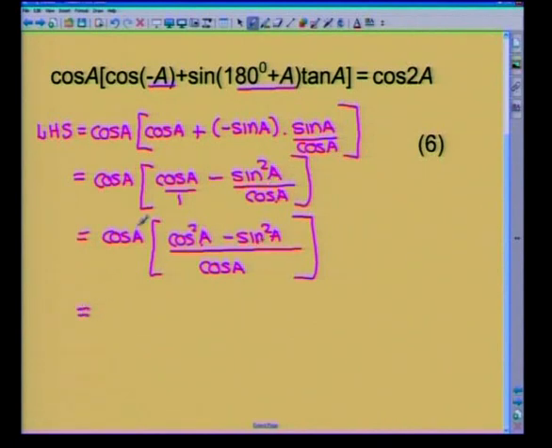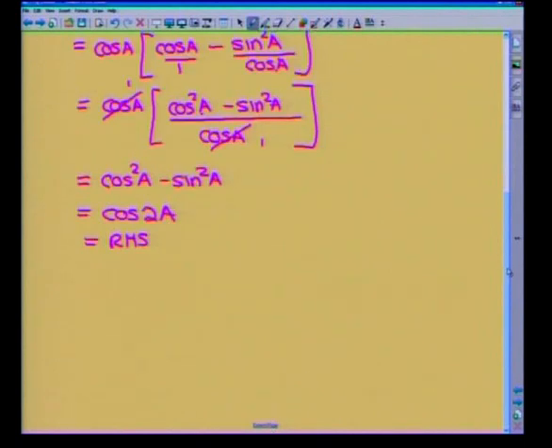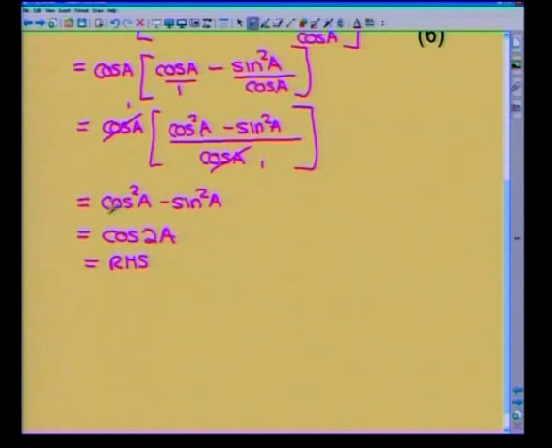Cos A times that cos A will give me cos squared A. Now the good news is that cos A divides into that, which leaves me with cos squared A minus sine squared A. And if you look back to your double angle formulas, this is the same as saying cos 2A, which is the right-hand side. Now you can see why I said to you it's actually worth knowing these formulas. So as soon as I see that, I think, oh, I'm finished. It's actually complete. And I don't have to worry about it anymore, which is really nice.